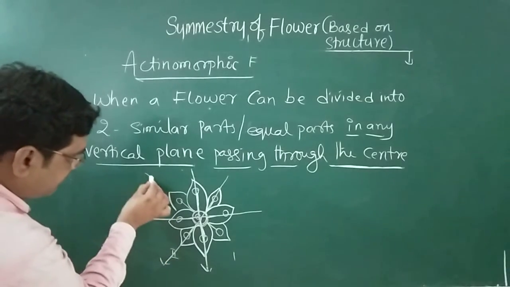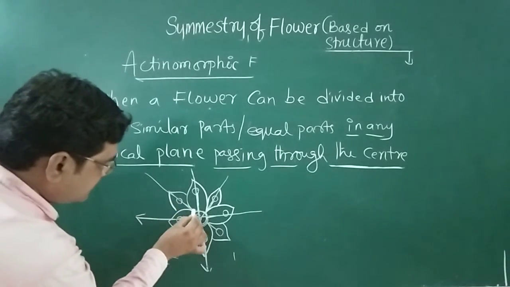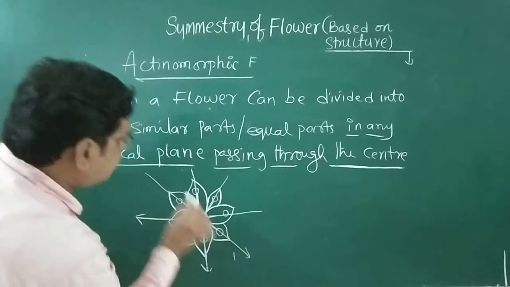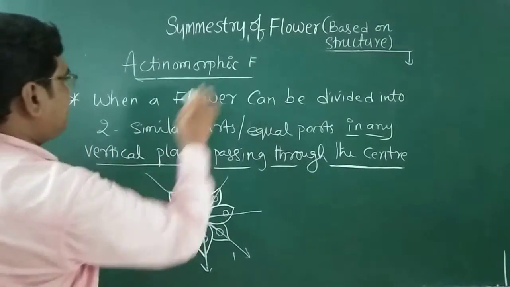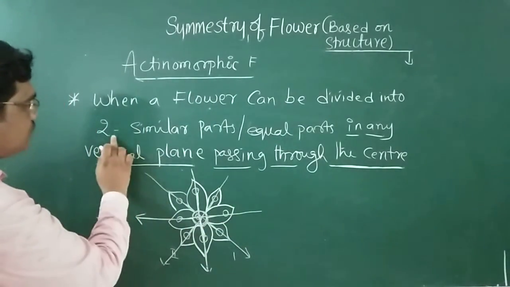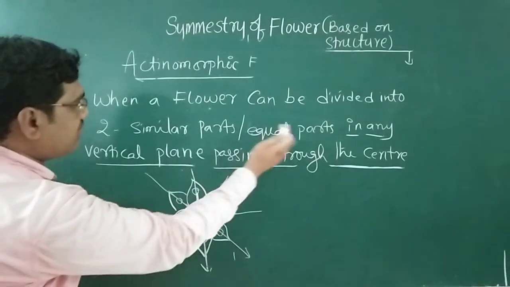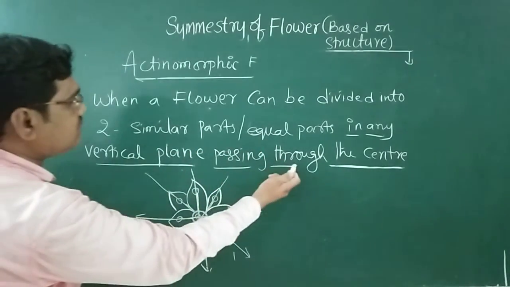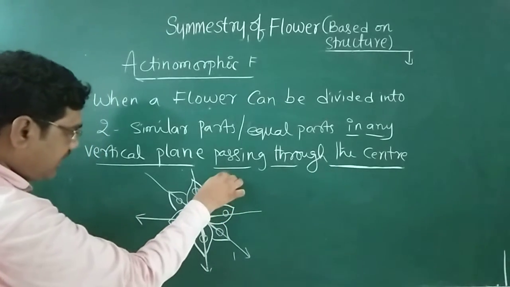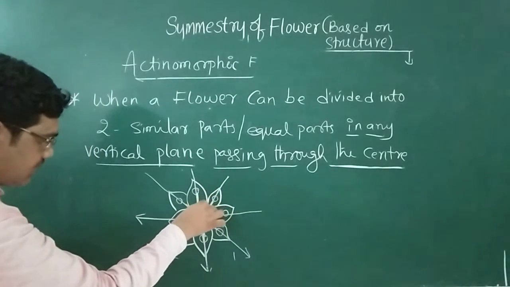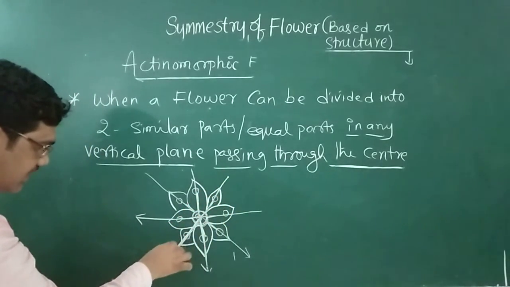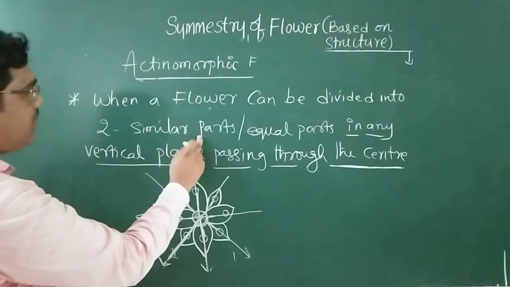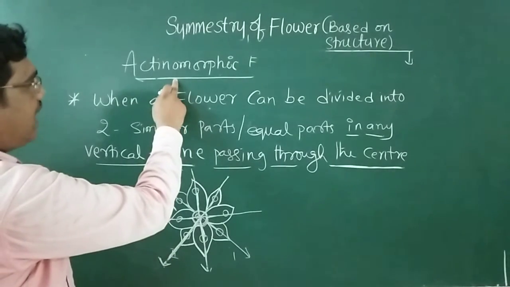This is the actinomorphic flower: two similar or equal parts in any vertical plane passing through the center.